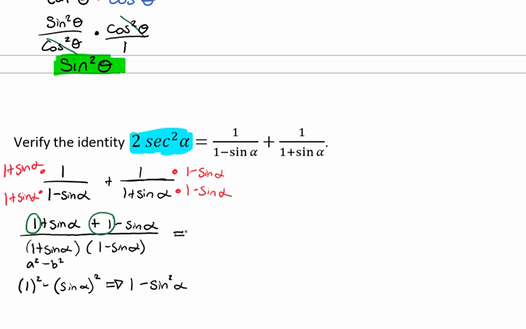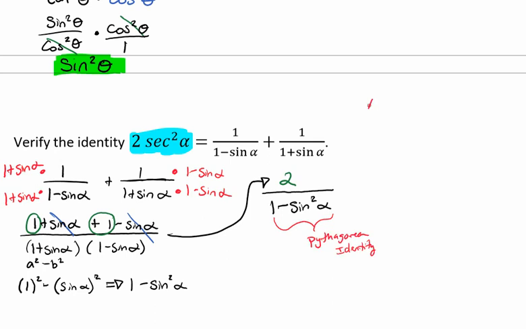So from here, let's give ourselves a little bit more room. Let's come over here. So what we have now is 2, and if you take a look, our sine of alphas are going to cancel out because one is positive and one is negative. So we're going to have 2 divided by 1 minus the sine squared of alpha, and this goes with our Pythagorean identity.